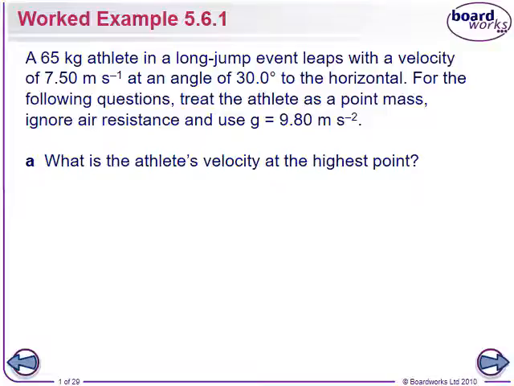Okay, so like I said, the first thing you want to do is resolve your vector into its horizontal and vertical components. So, there is our initial velocity of 7.5. And we are at 30 degrees to the horizontal.